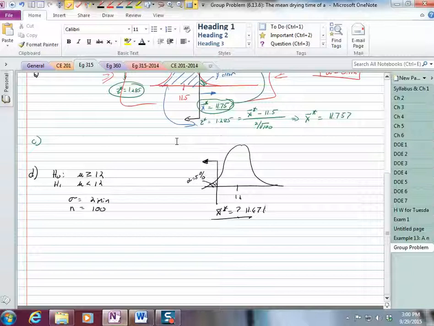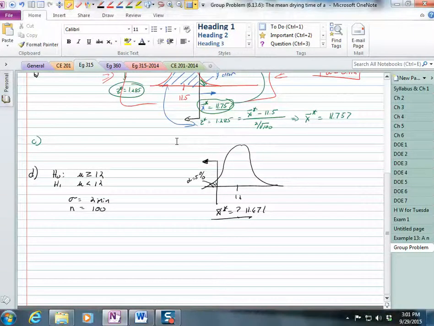Did you get a negative value for that? So if you're on that side, that z star is going to be negative.